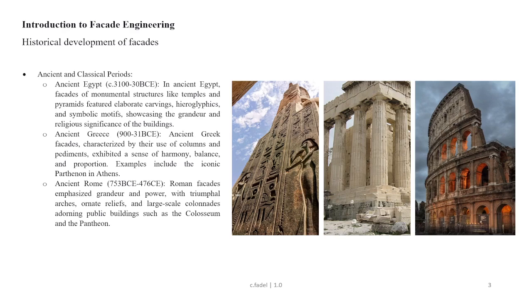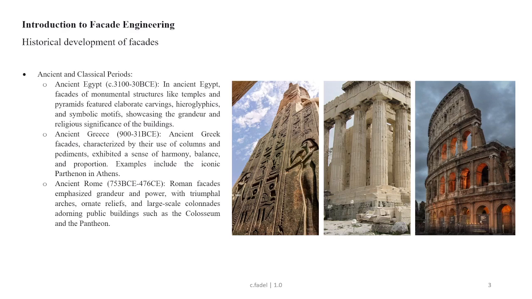Hieroglyphics, for example, narrated stories of gods, pharaohs, and cosmic orders, while motifs like the ankh and the scarab symbolize life and protection. So there is a meaning to these hieroglyphics and symbolic motifs.